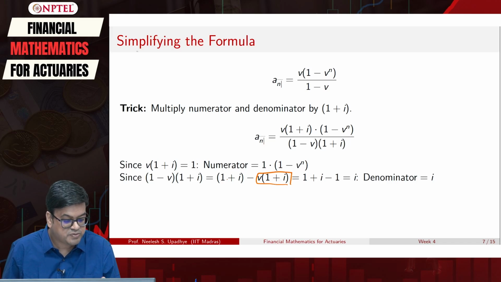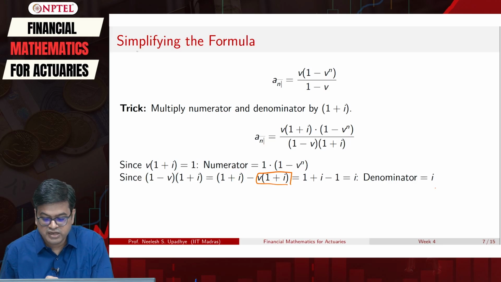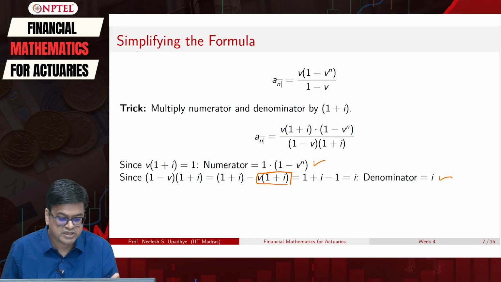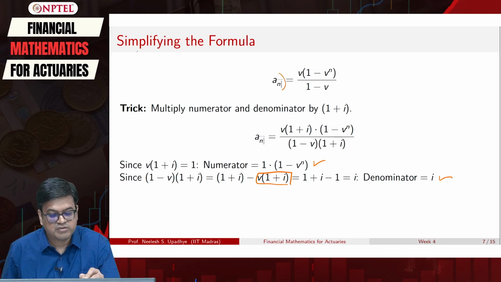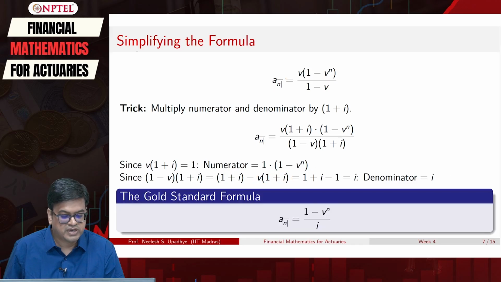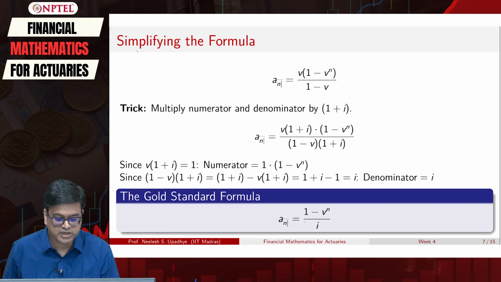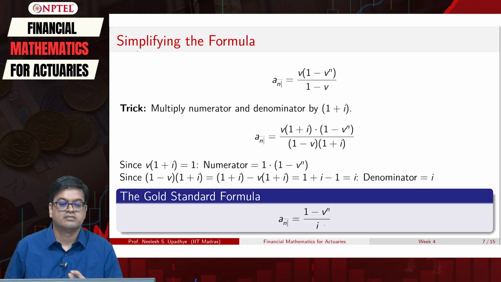So, this gives me 1 plus i minus 1, which is i. So, my denominator is i, numerator is 1 minus V raised to n. The annuity immediate formula simplifies to a_n equal to (1 minus V raised to n) upon i. This is a nice gold standard formula.